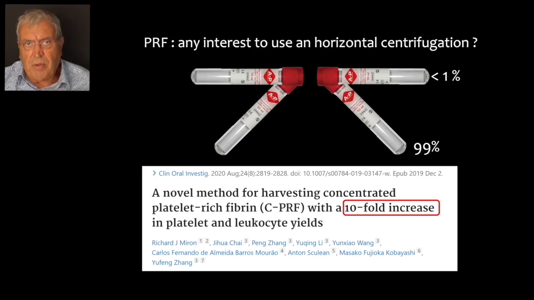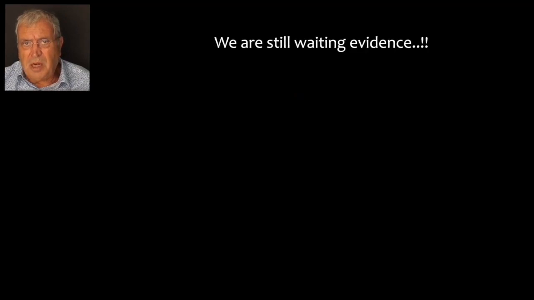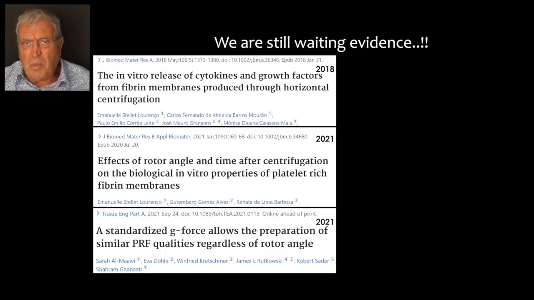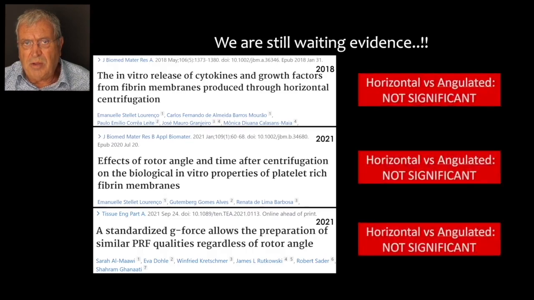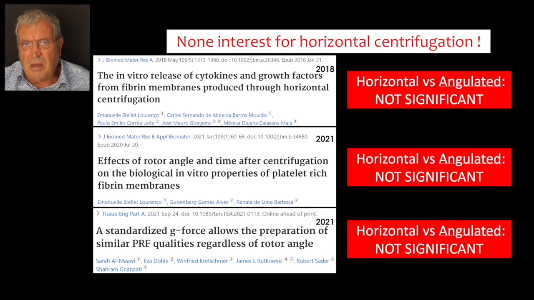Only the ignorant. Today there is no evidence. All the publications comparing angulated and horizontal say that it is not significant. Then we can say that there is no interest for horizontal centrifugation.